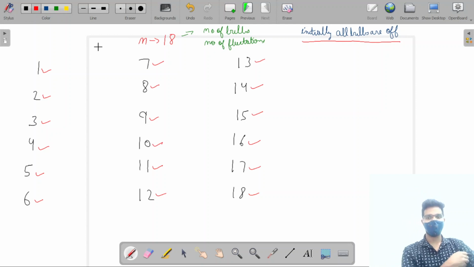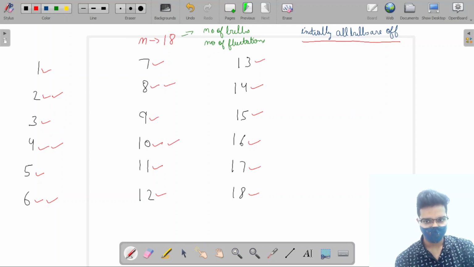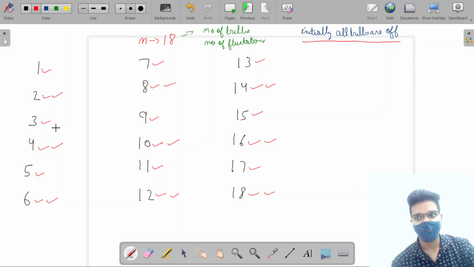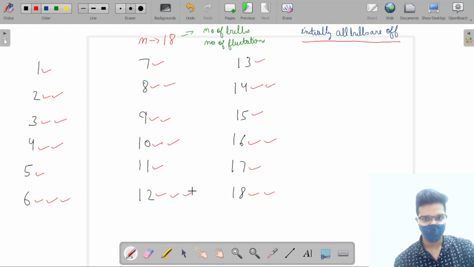Now in the second fluctuation, all the bulbs which are multiples of 2: 2, 4, 6, 8, and of course 10, 12, 14, 16 and 18. So they will toggle. Now in the third fluctuation, 3 will toggle and its multiples 6, 9, 12, 15 and 18.